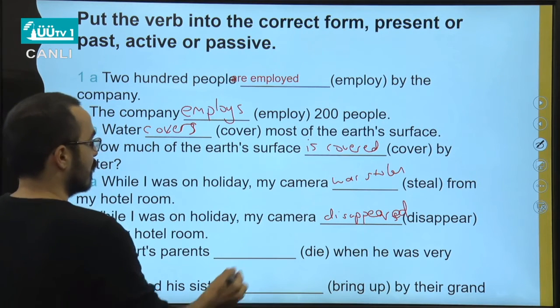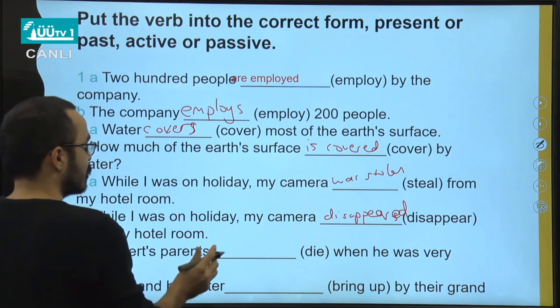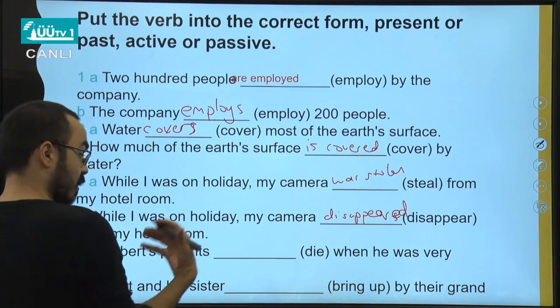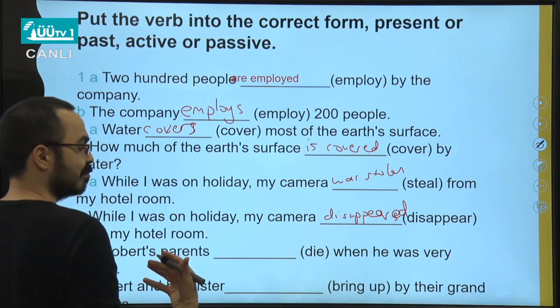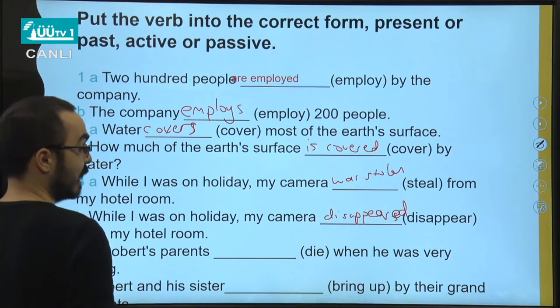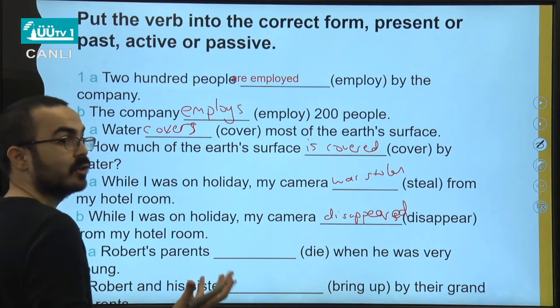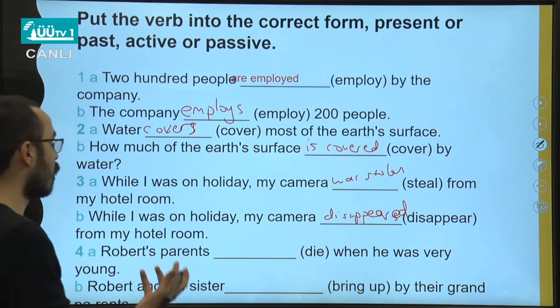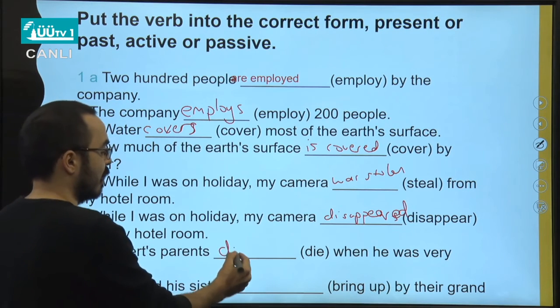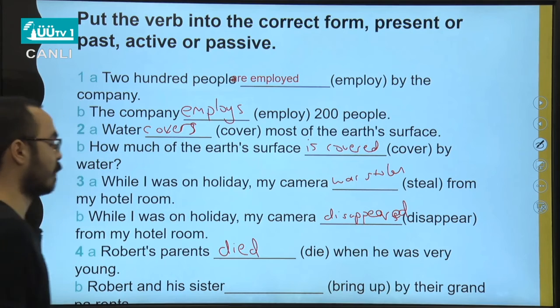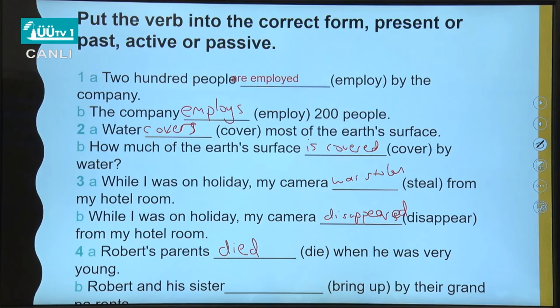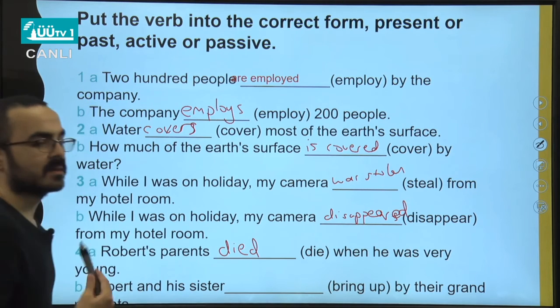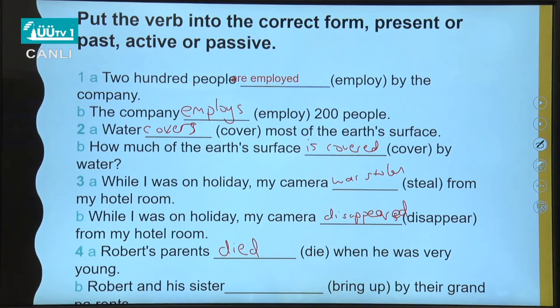Robert's parents when he was very young. So parents, do they receive an action? No, right? So dying is what they do, actually. Good. Robert's parents died when he was very young. Robert and his sisters bring up by their grandparents. So bring up is the word. What's the word? We need to use the passive voice here.